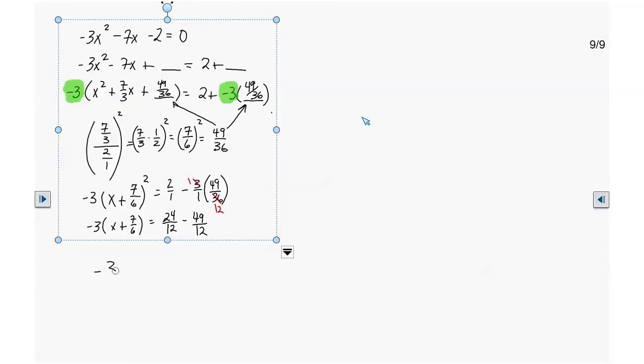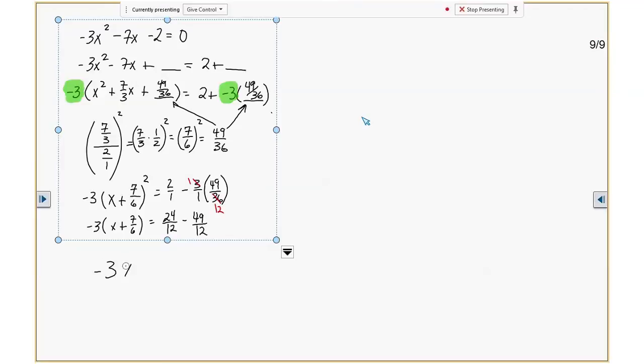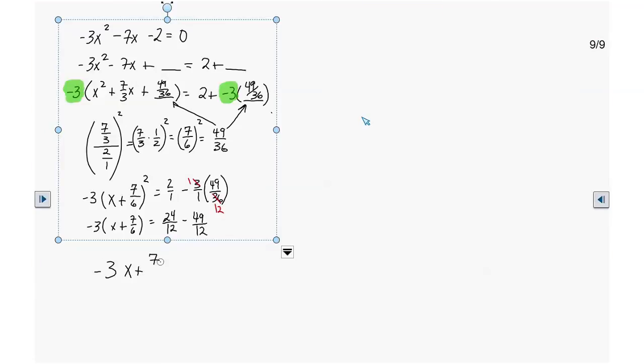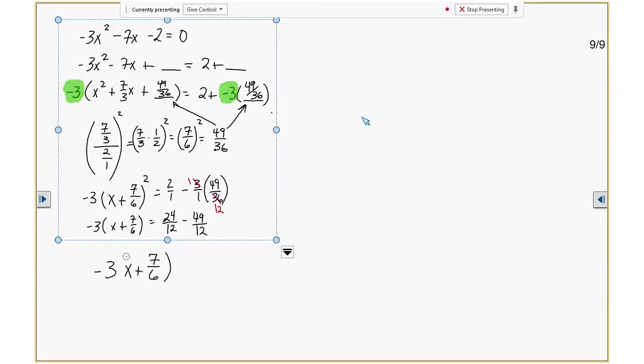Negative 3 times x plus 7/6, quantity squared, that's supposed to be squared, sorry, is equal to, what did I say, negative 25 over 12? Yeah. And here we can get our vertex.